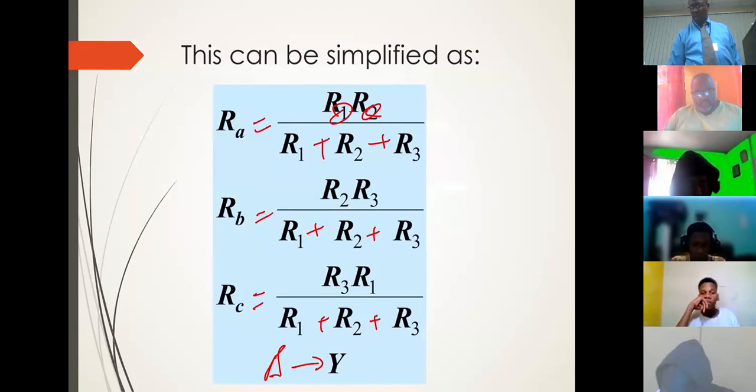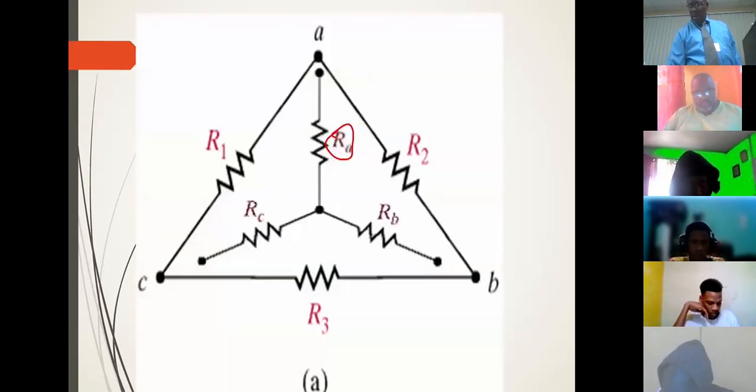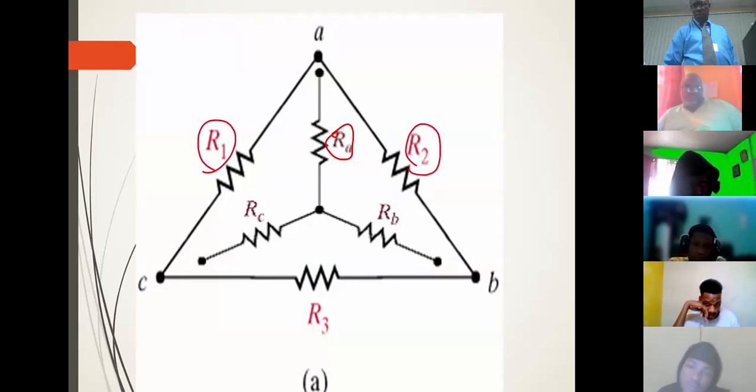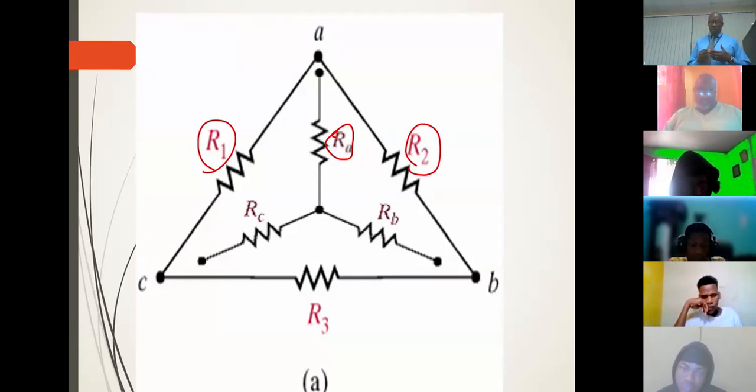Good. So let's look at the network. RA is simply the resistance that falls between R1 and R2. And so we multiply the adjacent resistances, add all three and divide by the sum of all three.